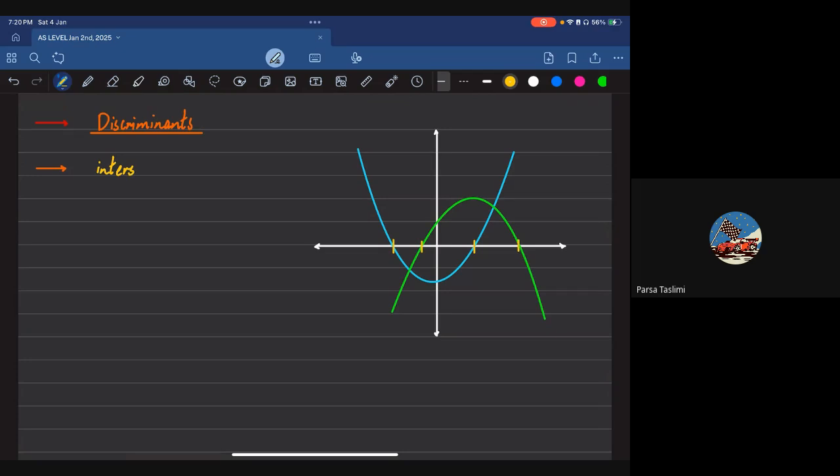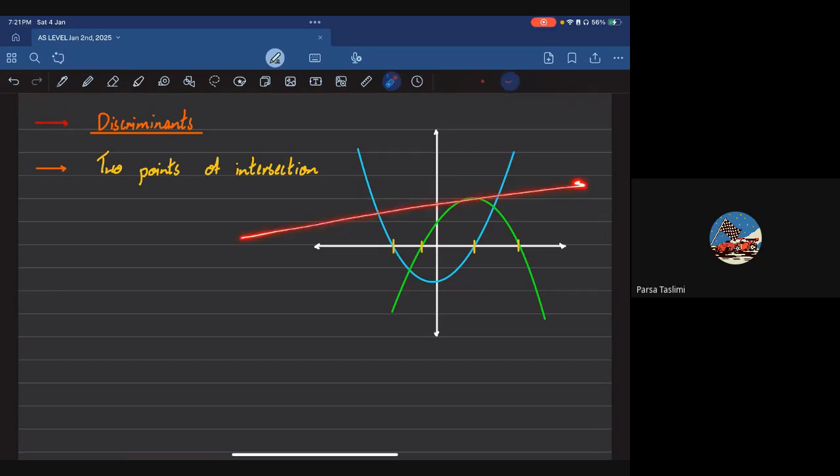So whenever there are two points of intersection, and I'm not saying points of intersection with the x-axis, because at times the question might say that the curve was intersecting with a line.